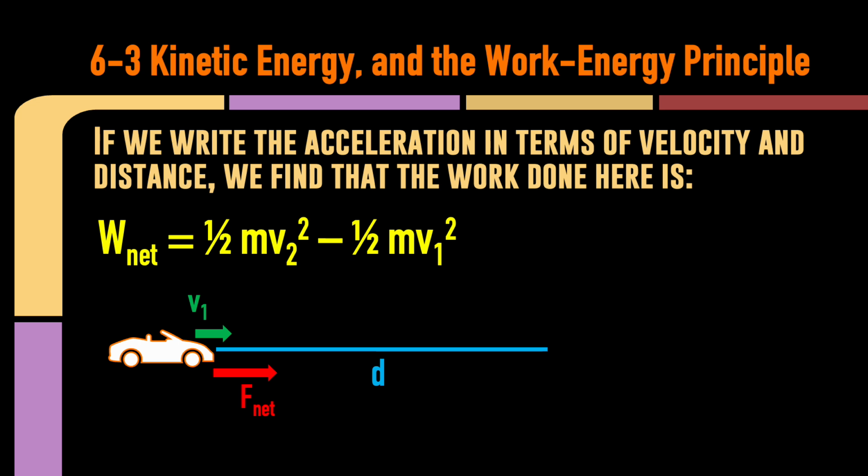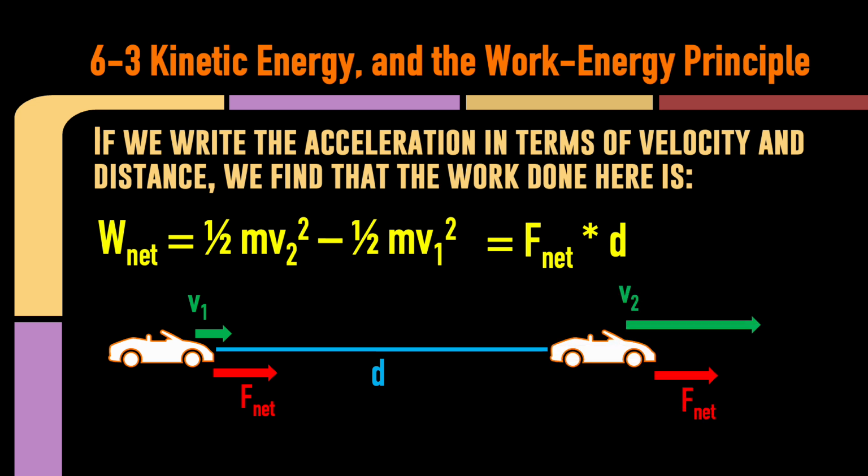It's going to be placed over a distance, and so we know the net force times distance, well, that's going to give me the work here. If I continue to look at the car at the end of that displacement, I have a different second velocity if work is done on it. In this case, it's going faster, so I put energy into the system somehow by using the applied force, increasing the speed of the car. So that's how I know work was done on it.